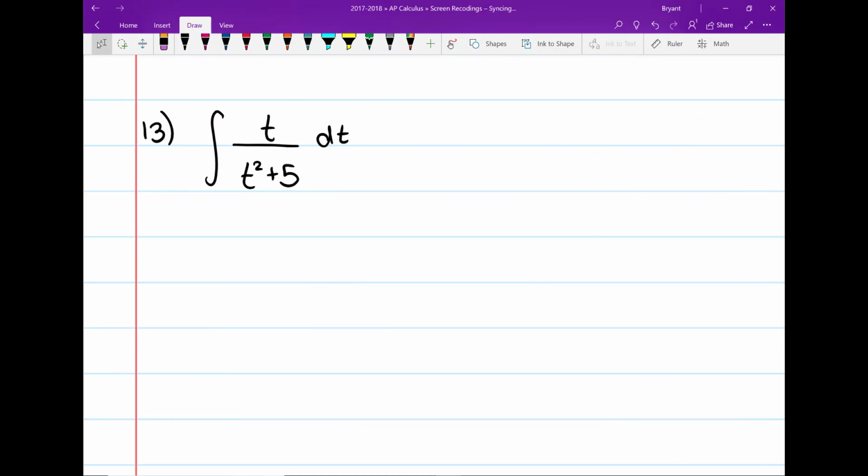Number 13, we're going to let u equal t squared plus 5. So du is going to be 2t dt, but I only want a t, not 2t, so I multiply both sides by 1/2: 1/2 du equals t dt.